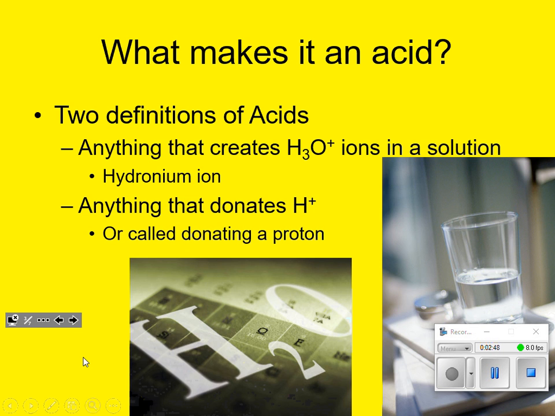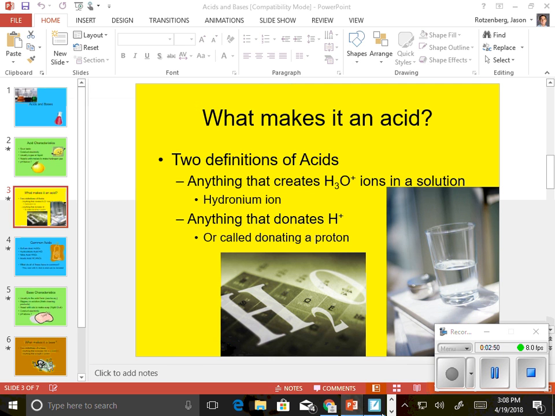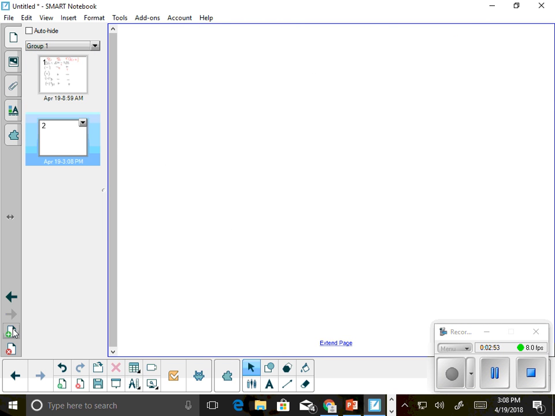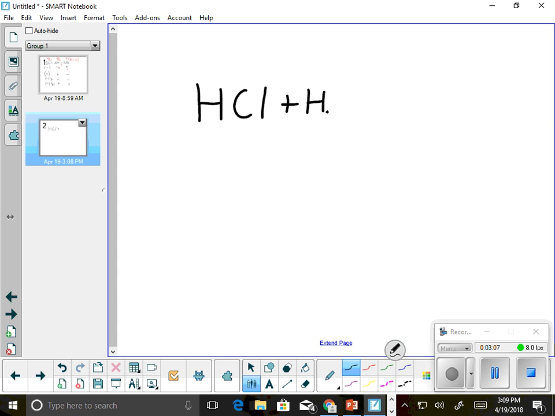What I'd like to do then is show you an example of this on the smartboard. Very common acid that we're going to be going over that you've used before is hydrochloric acid. One definition of what makes something acid is if it's dissolved in water, it creates hydronium. Well, if I put hydrochloric acid in water, what happens is this hydrogen here gets attracted to the partial negative end of oxygen, so much so that it actually bonds to it.